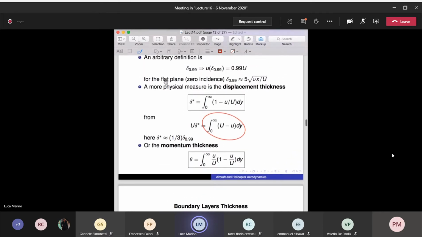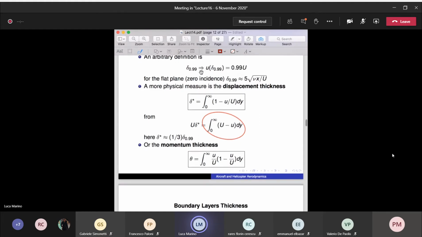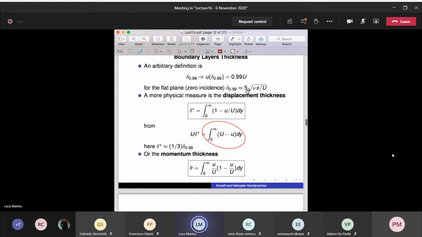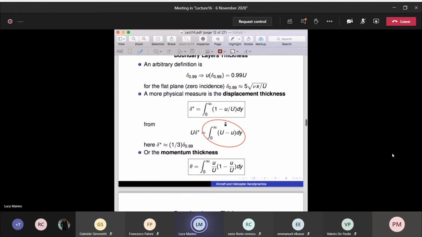By the way, for a flat plate at zero incidence, a problem that we will discuss in detail, the value of delta for the 0.99 definition of the thickness is around 5 for these quantities, which is always the same.